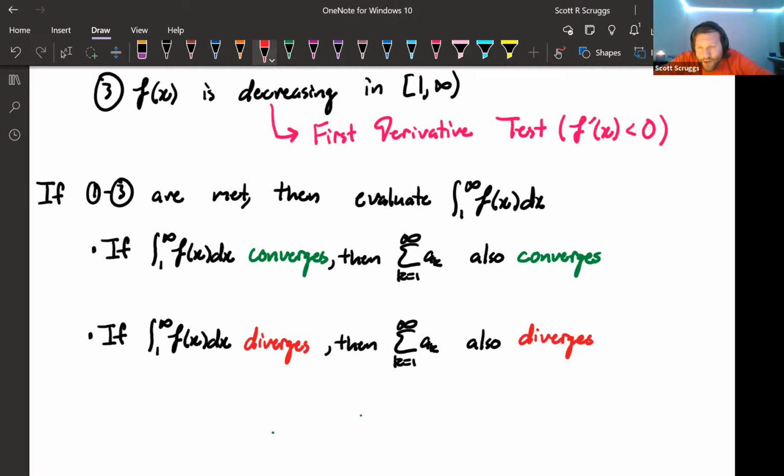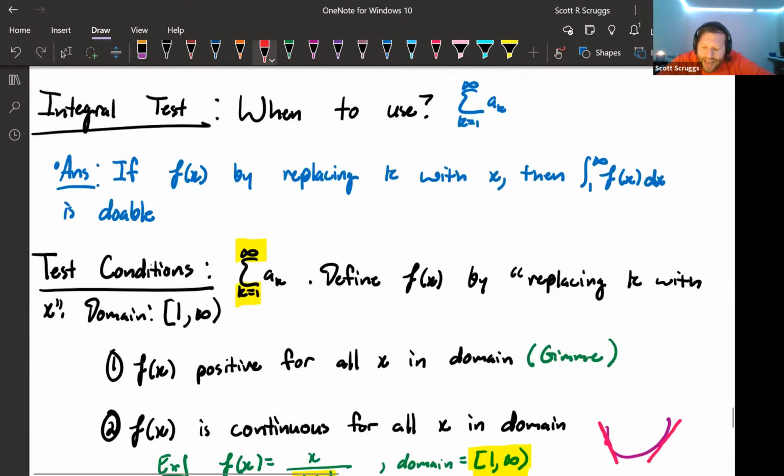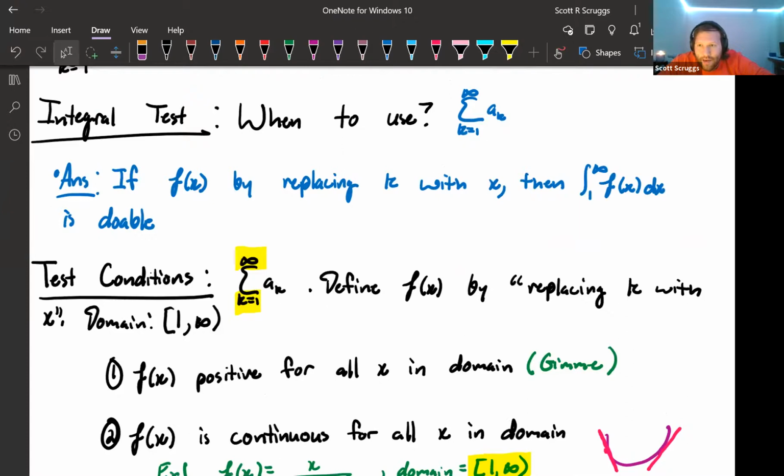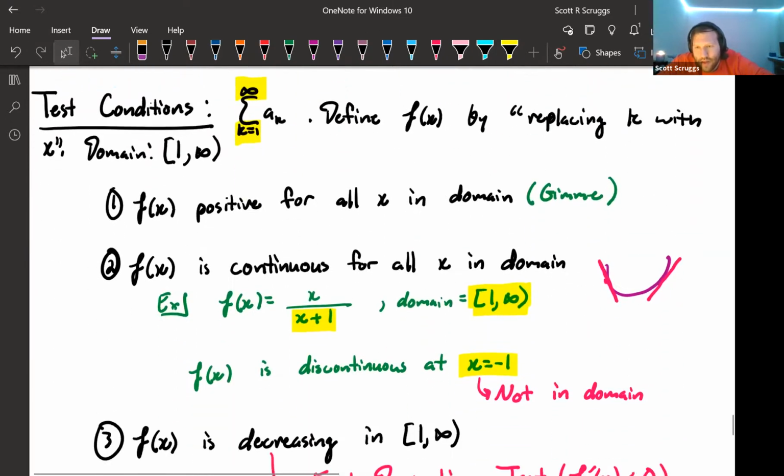So, to summarize, I would only want to do the integral test if that improper integral is doable in the first place. My test conditions for the integral test: I first define a function f of x by replacing everywhere I saw a k with x.